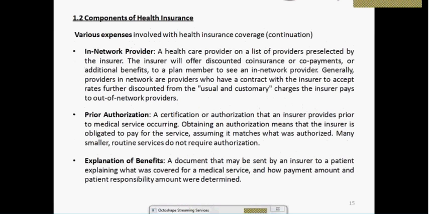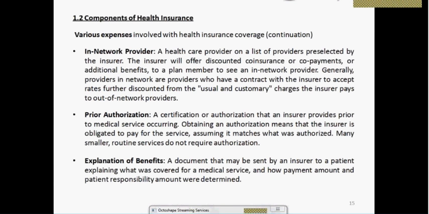Continuing on our terms, we talked about in-network and out-of-network, right? So the in-network provider is anyone who is a healthcare provider on the provider list. I said the network is a group of physicians or a group of hospitals.